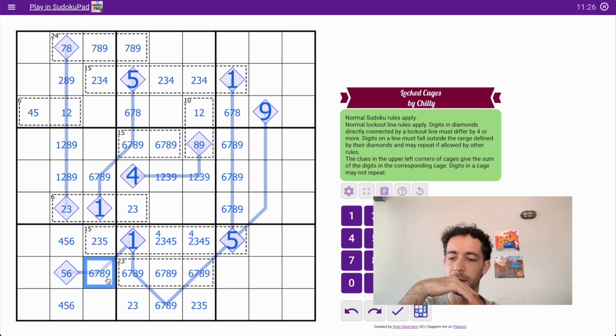Okay, here's another leap of logic. That can't be a 6, because then we run out of digits here. So that is going to be the 5. So 5 comes out from there.